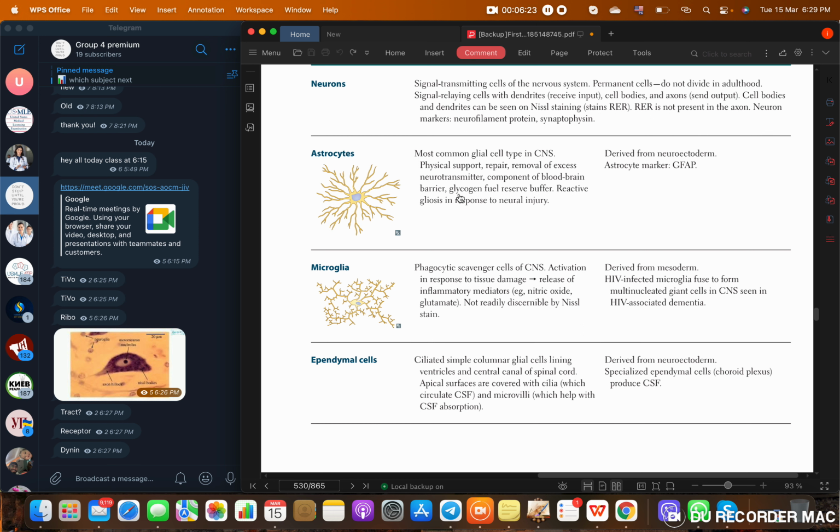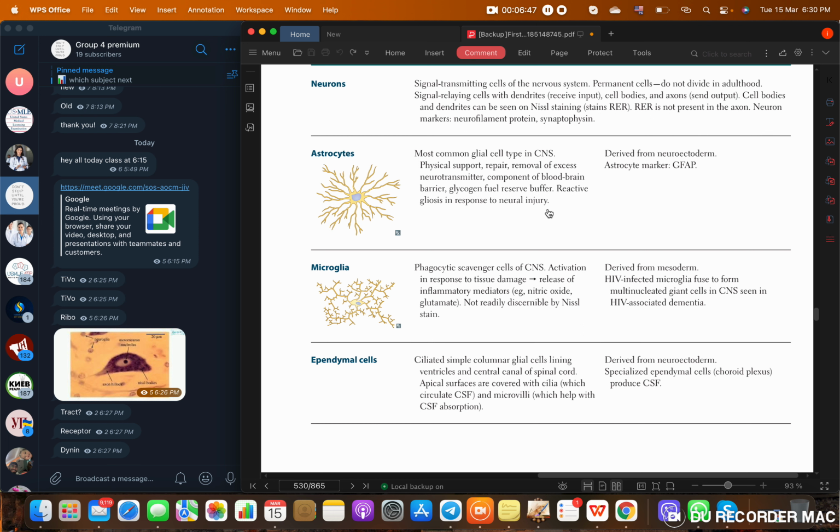Also, glycogen fuel reserve buffer. So what's up? The brain normally utilizes only glucose. However, it contains a small amount of glycogen within the astrocyte that can be utilized in cases of emergency. Reactive gliosis in response to neuronal injury can occur.